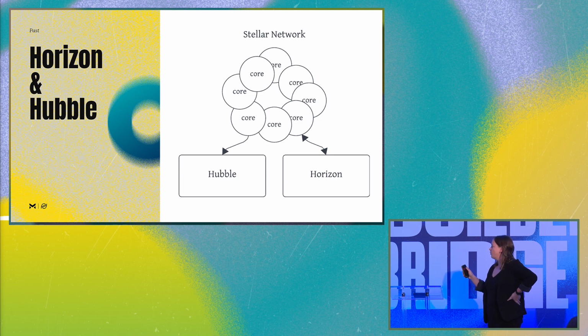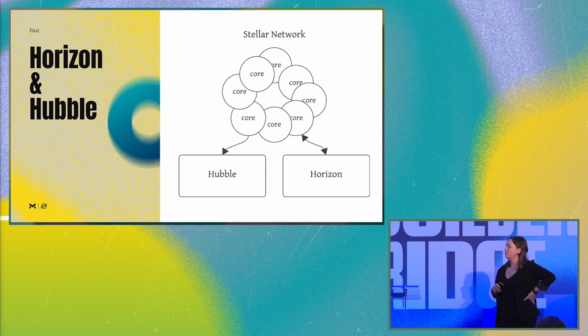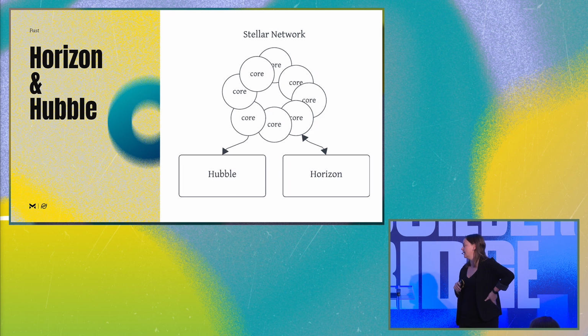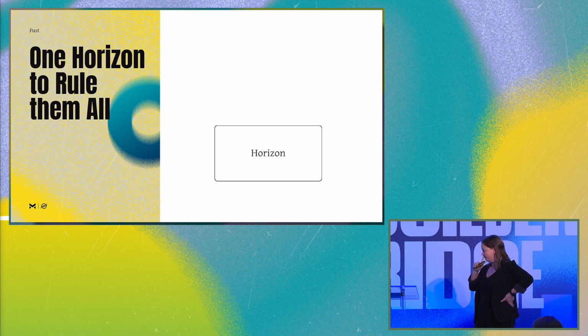Now, if you didn't use one of these two things, maybe you ran your own watcher node, but chances are you didn't do anything, because it's actually quite hard to get data out of the blockchain without one of these two tools. So let's dive a little deeper into Horizon, because that's been the OG. Horizon has been around forever.